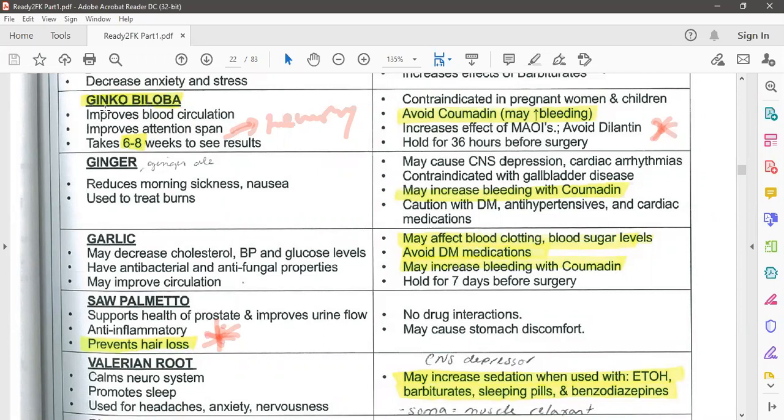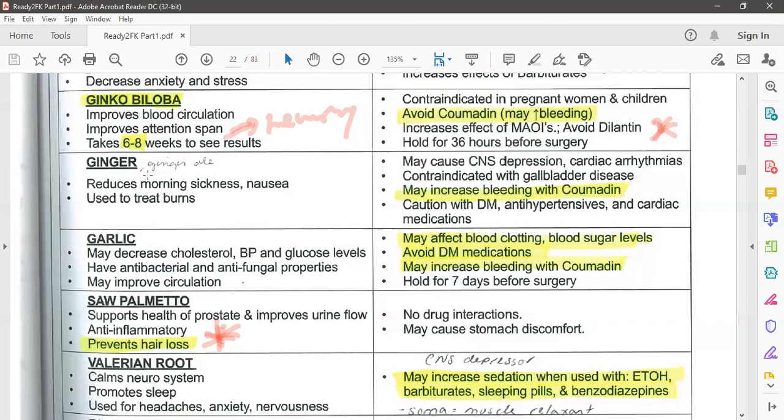Also keep in mind, do not take ginkgo biloba if your patient has a history of seizure. Never give it.